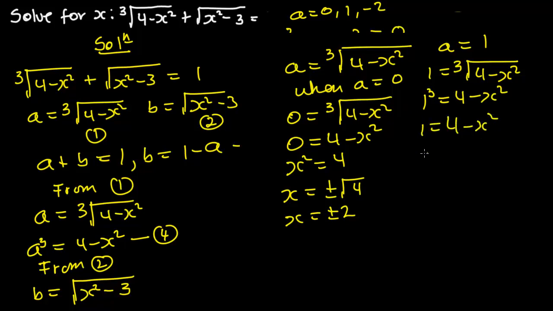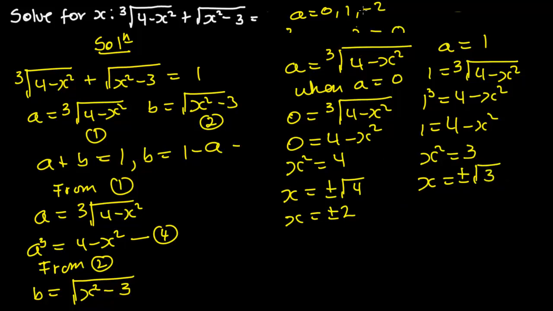And so from here, we are going to have x squared is equal to 3. Hope you understand. I sent x squared to the left hand side and then 1 to the right hand side. And so that gives me this. And so from here, to be able to get rid of the squared over here, we are going to take the square root of both sides, which we are going to have x to be equal to plus or minus the square root of 3.